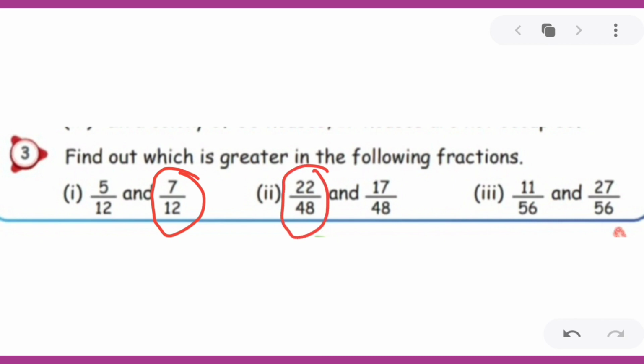Next, 11 divided by 56 and 27 divided by 56. The denominators are the same. See the numerators 11 and 27. 27 is the bigger value. So the greater value is 27 divided by 56.